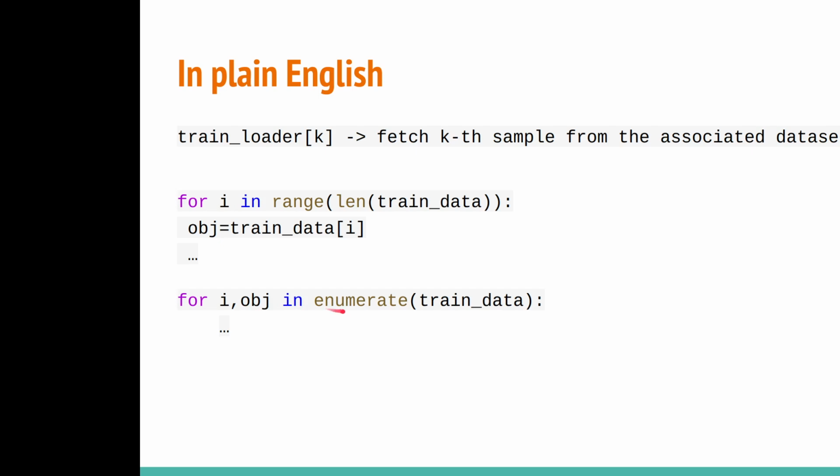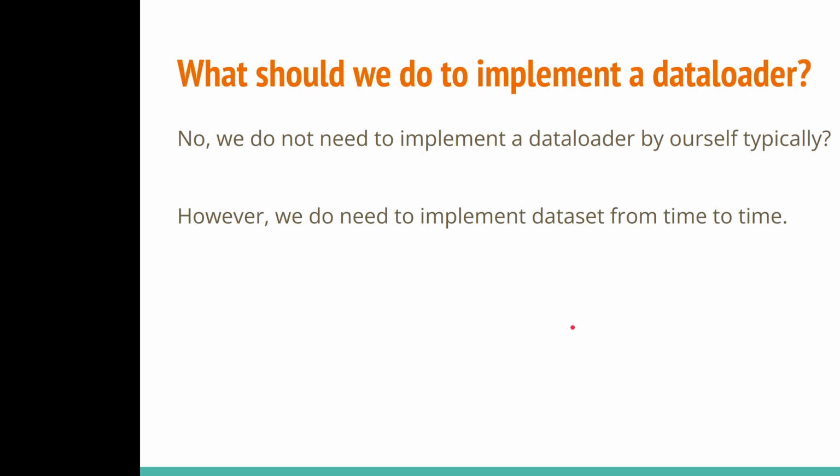So in a deep learning program, we will always use this pattern to read the data set. So after we read the data set, do we need to implement a data loader? No, we typically do not need to implement a data loader by ourselves. But sometimes we do need to do that. So we will try to introduce both ways to do the job.